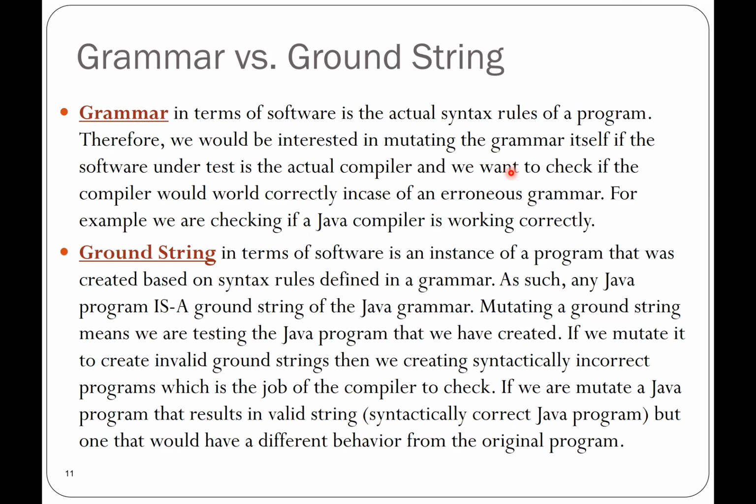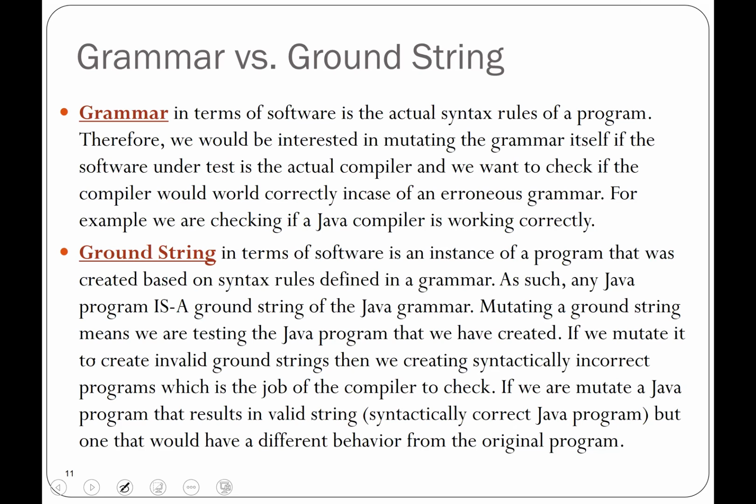All right. Now I want to get something clear before I move on. Two different terminologies. Okay, the first of which is the grammar, which is what we're looking at with the BNF, and something called the ground string.